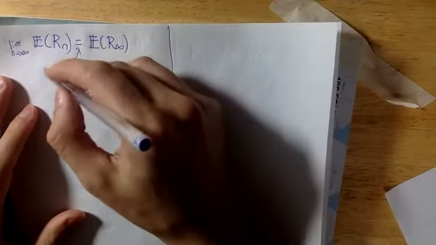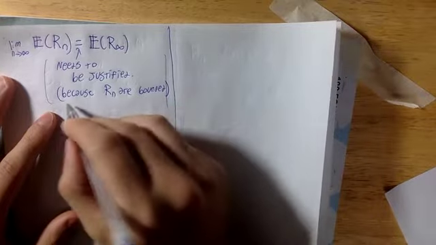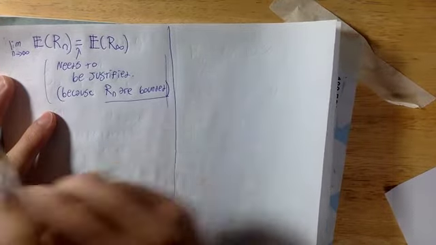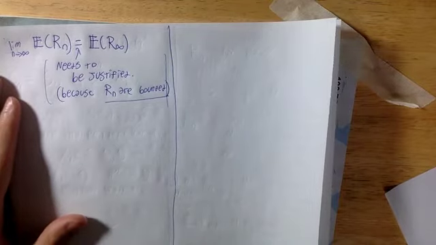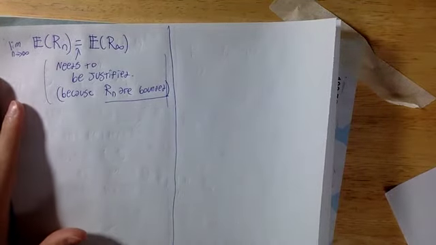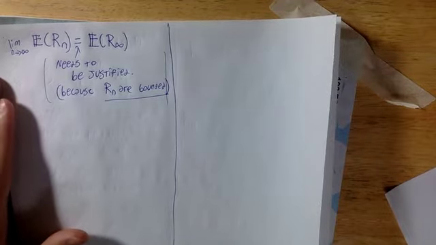I'm not going to do it in this class, but the main point is that because Rn are bounded, we can do this. Now for n rounds, maybe it's a bit easier to ask what is the expectation of Rn.